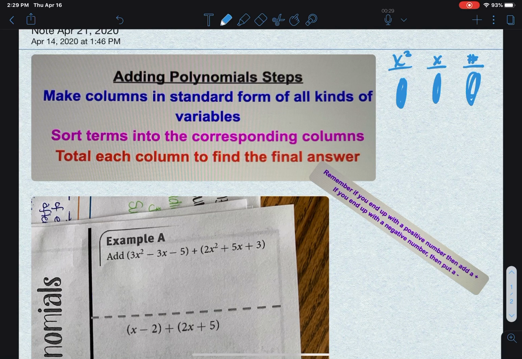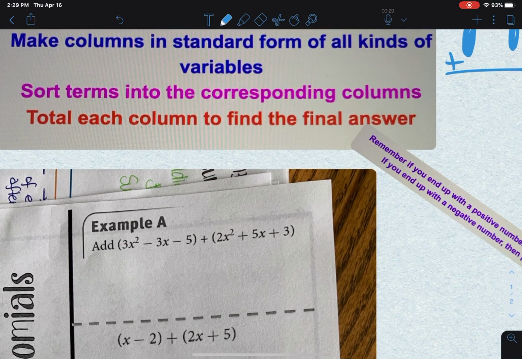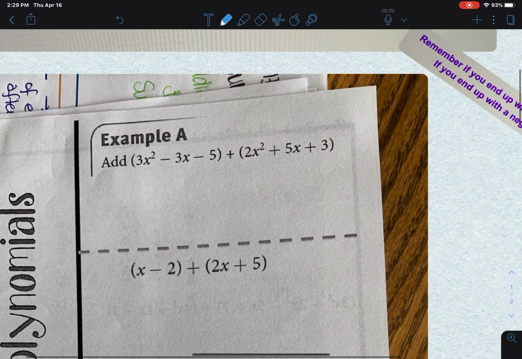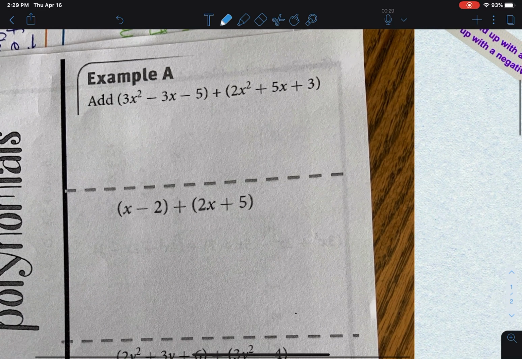Now once I get all of my pieces sorted from whatever I'm adding, I'm just going to total them up. So let's see how this works on some real numbers. On this first one, I have 3x squared minus 3x minus 5, parentheses, plus, parentheses, 2x squared plus 5x plus 3.